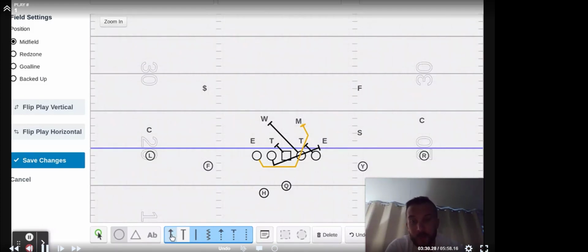Running backs, on this, we are going to follow kind of an outside zone sort of steps. So we're going to take a jab step away from the play. We want to try to help set this up and let these guys get moving and let their blocks happen.